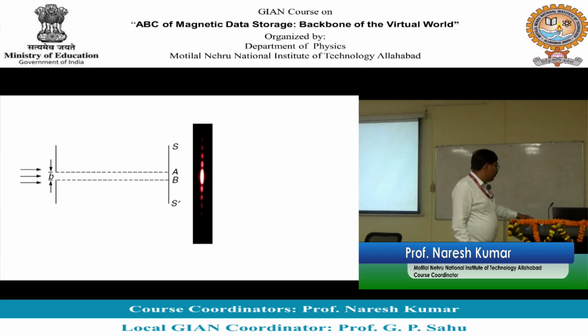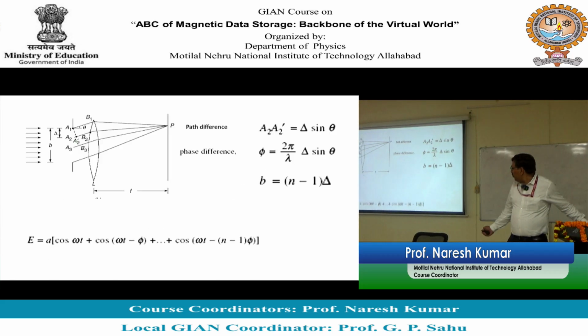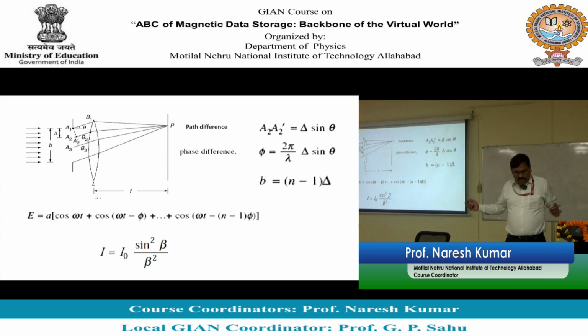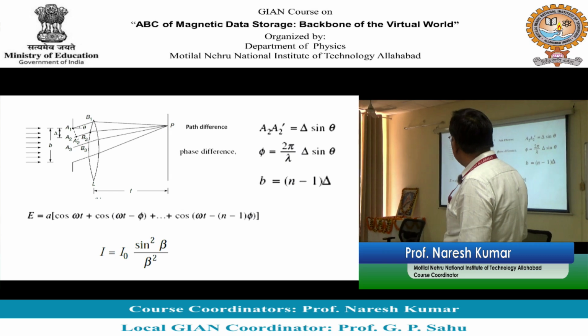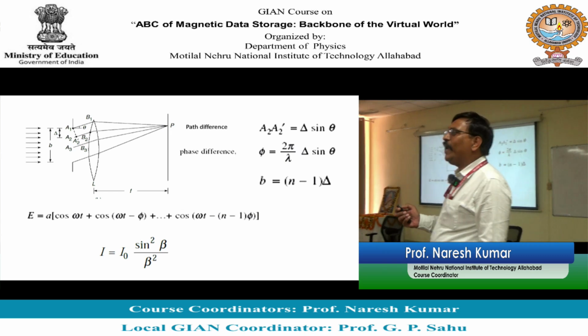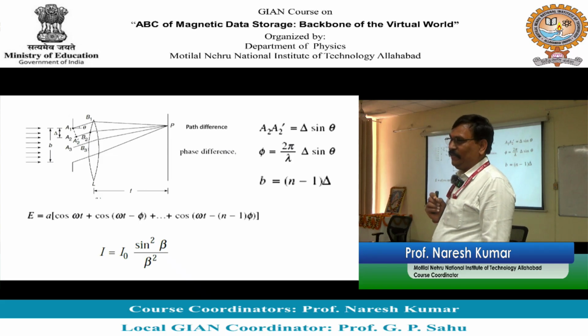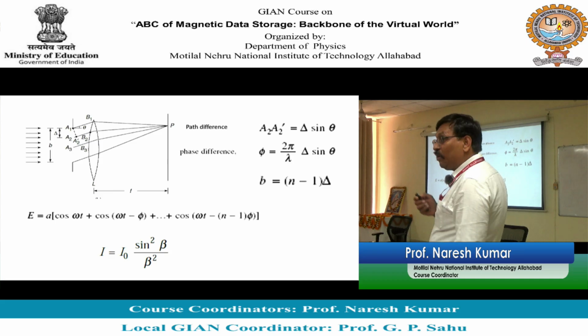So physics-wise you all know this, but let me show you the mathematics. It is assumed that this slit is made up of n number of equidistant points. Very small points, and they are equidistant.